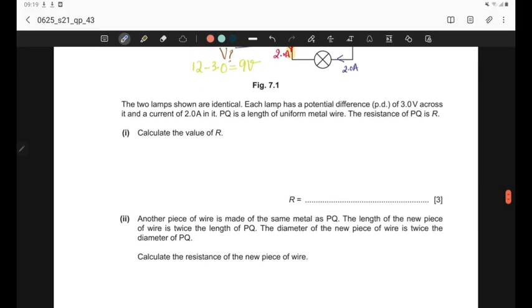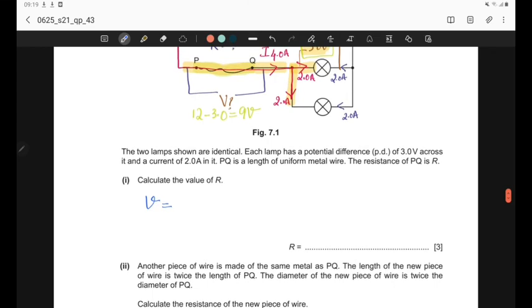Now we have the voltage across the wire between P and Q as 9 volts, and the current must be the sum of the current passing through both the lamps, so that should be 4 ampere. As we have voltage and current, we can calculate resistance using the equation V is equal to IR.